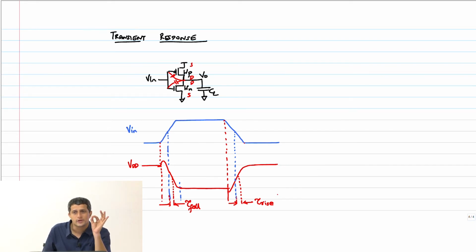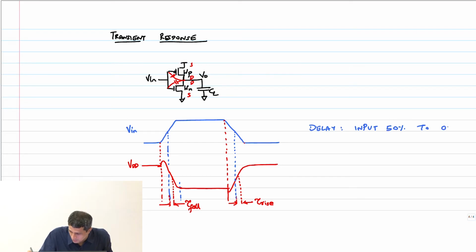The delay from input going to 50% to output going to 50% is defined as the delay, okay? Input 50% to output 50%.